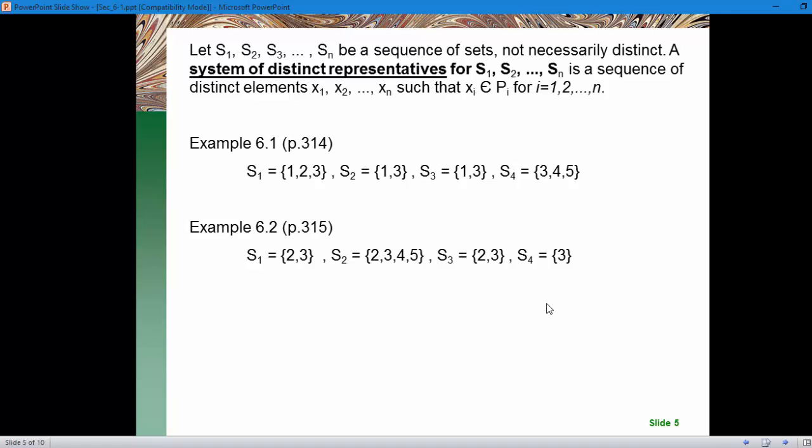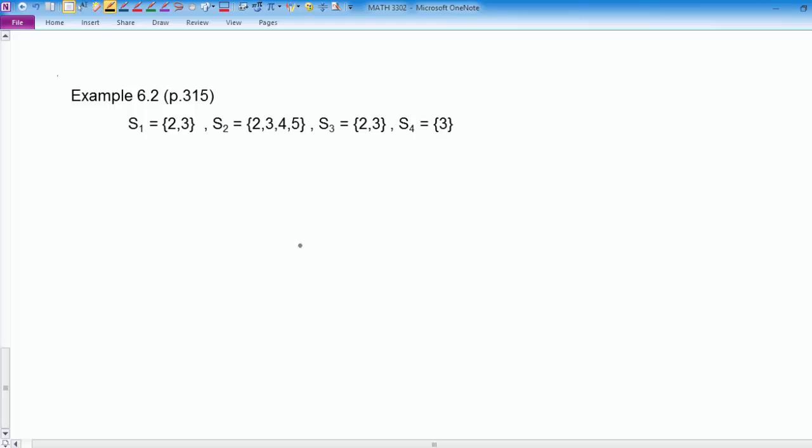Let's take a look at another example. Here we have 4 sets, and look at set number 4: it has only 1 element. That means that the fourth entry of an SDR has to be 3. And the third element of the SDR has to be 2, because 3 is in the fourth entry.